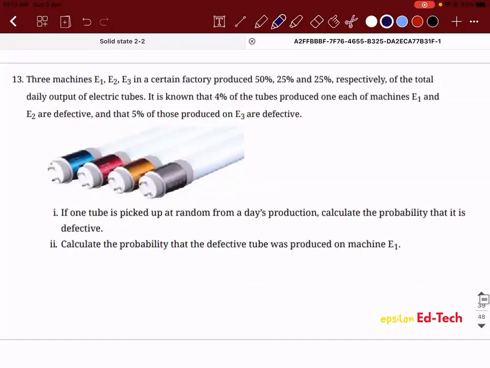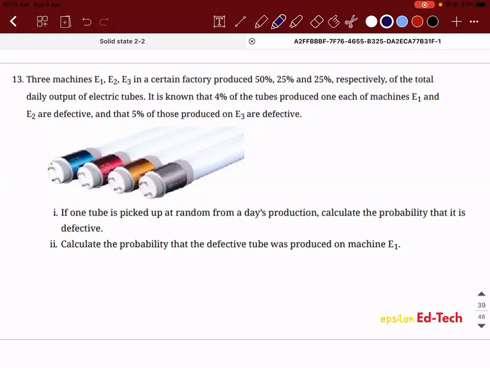Next. So 3 machines, E1, E2, and E3, in a certain factory produced 50%, 25%, and 25% respectively of the total daily output of electric tubes. It is known that 4% of the tubes produced on each of machines E1 and E2 are defective, and 5% of those produced on E3 are defective.